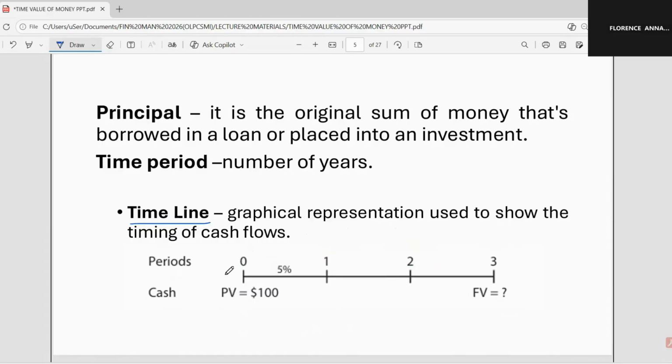Here, you can notice that there is an interval from 0 to 1, 1 to 2, and 2 to 3.